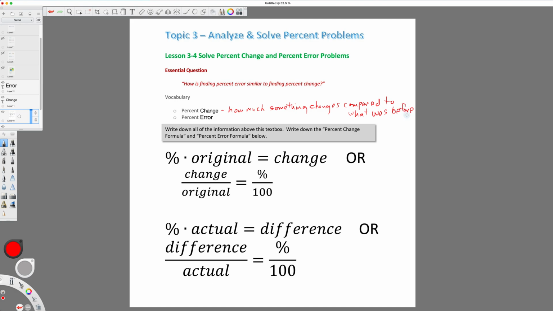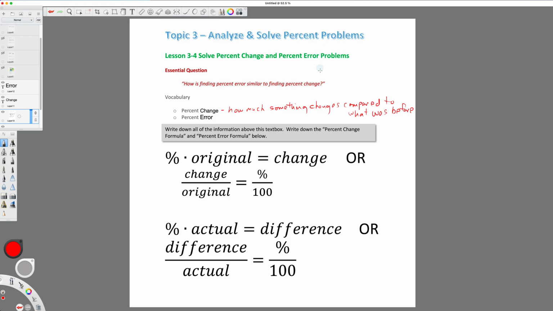We always need to compare it to the before picture because that's what actually changed. The before picture changed. So like if my weight is 200 pounds and I lose 5 pounds and I drop down to 195, I would compare that change of 5 pounds to the original 200, not the after picture. It's always compared to the before picture. What was it before the change that you're measuring?